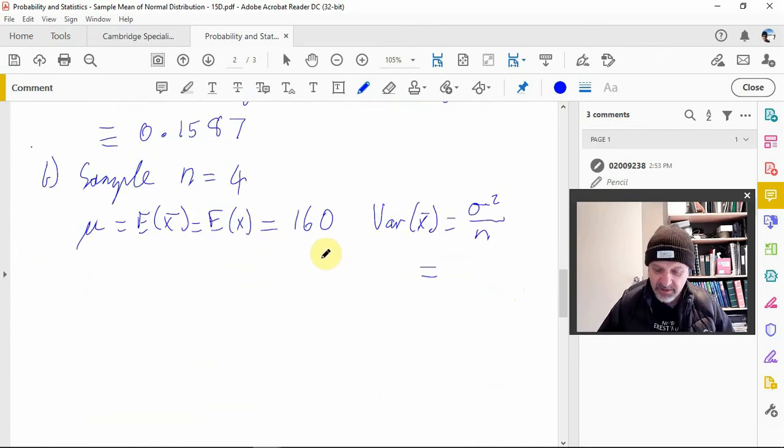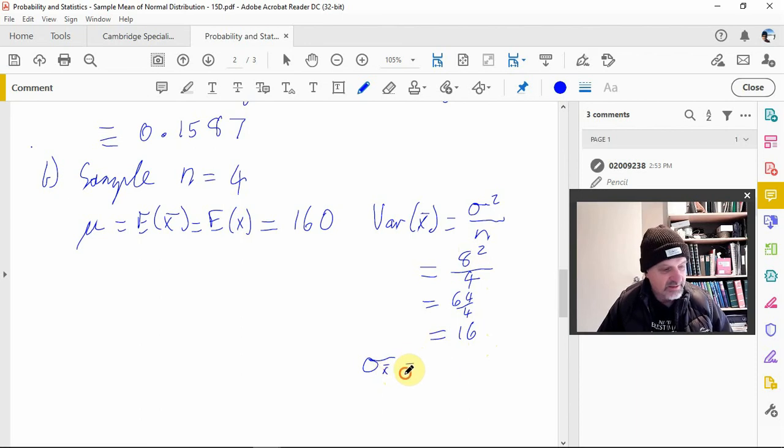So we've got 8 squared over n, which is 4. So we got 64 on 4, which when you work that out comes to 16. Now we're after the standard deviation of our sample, and so that is the square root of the variance of our sample. So that is 4.